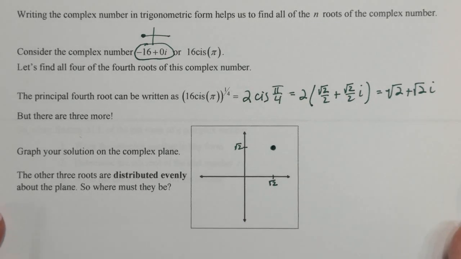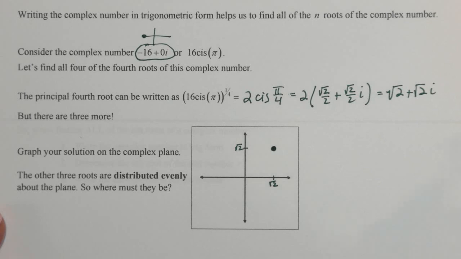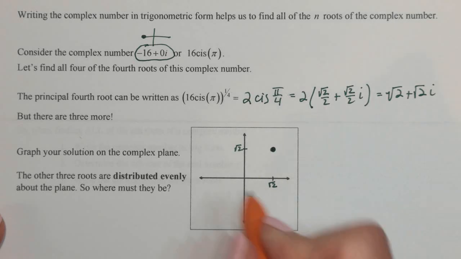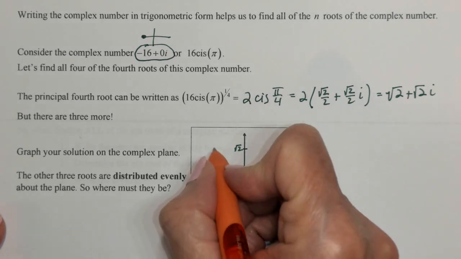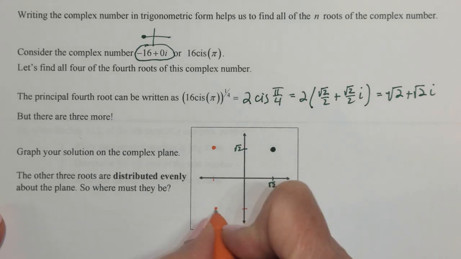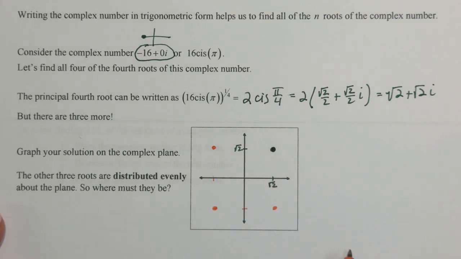Okay, the other 3 roots, this is key, the other 3 roots are distributed evenly about the plane. So if this is a root, and I need to place 3 other points on here, distributed evenly around the plane, where must they be? Well, they must be here, here, and here. It's the only way that they would be distributed evenly about the plane.